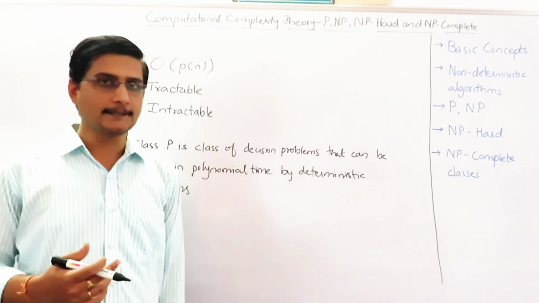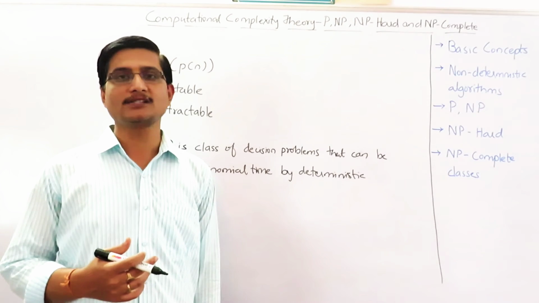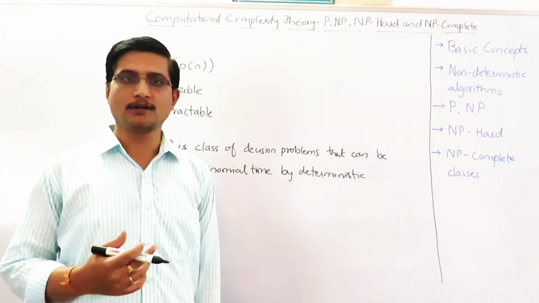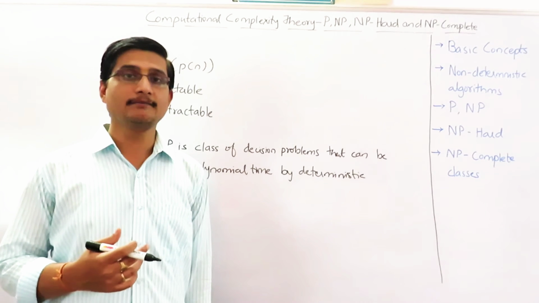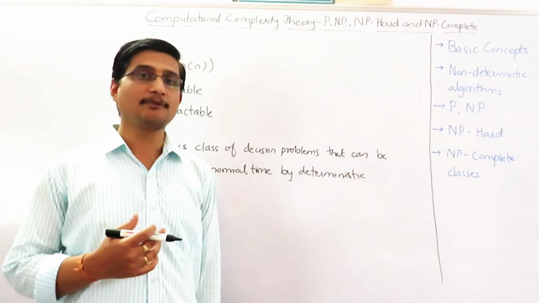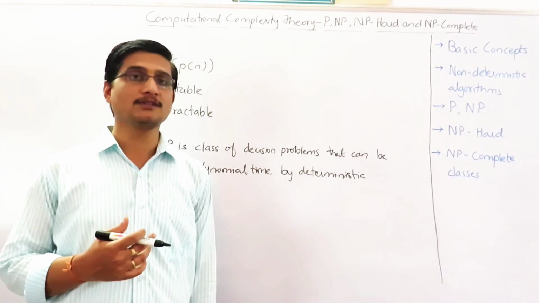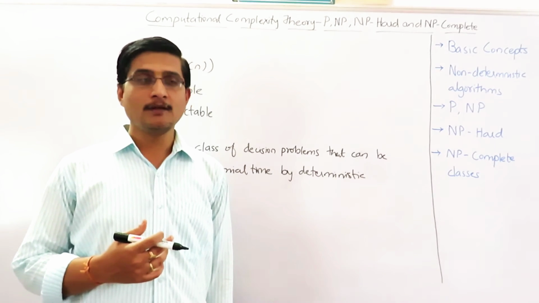So the thought in the minds of computer scientists or professionals, when they are going to solve a problem, is whether that problem can be solved in polynomial time or not. That will be the basic question they have in mind.